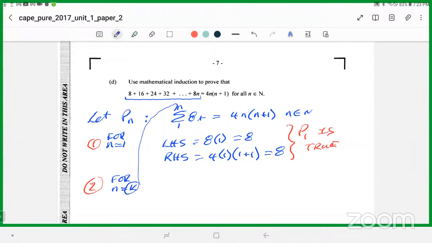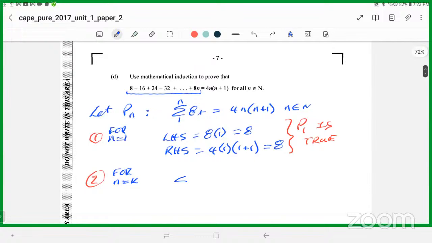So the statement becomes that the sum from 1 to k of 8r is equal to 4k into k plus 1, and here we assume that Pk is true.